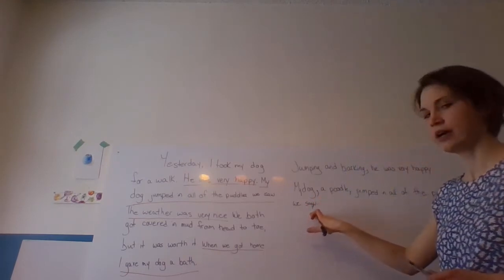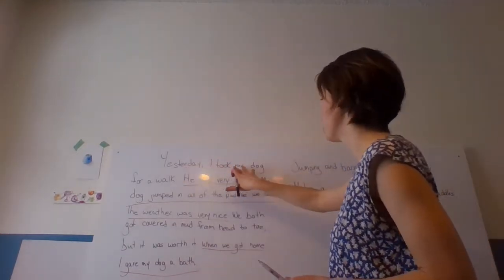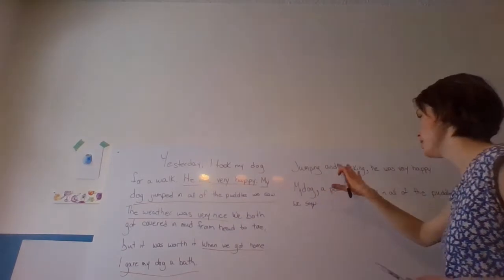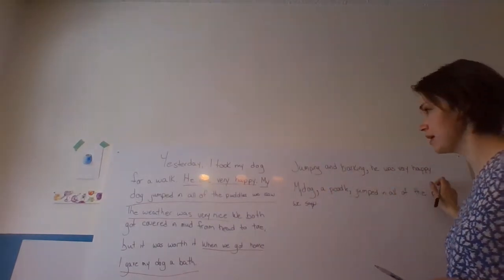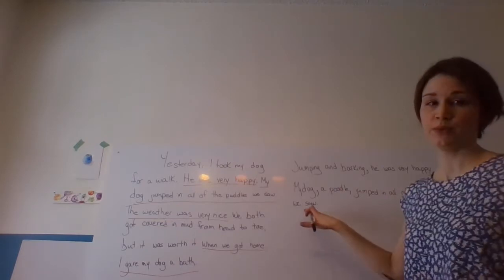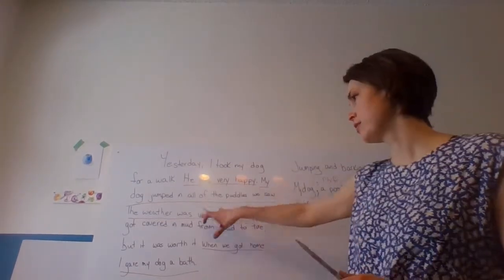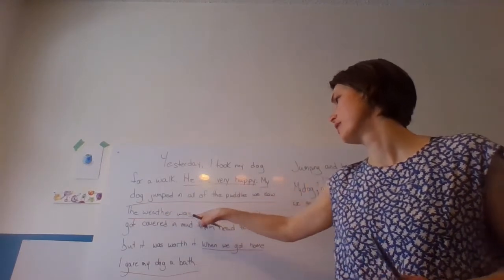Okay, so now we're adding even more rhythm to our paragraph. Yesterday, I took my dog for a walk. Jumping and barking, he was very happy. My dog, a poodle, jumped in all of the puddles we saw. Okay, the next sentence we're going to change using branching is the weather was very nice.